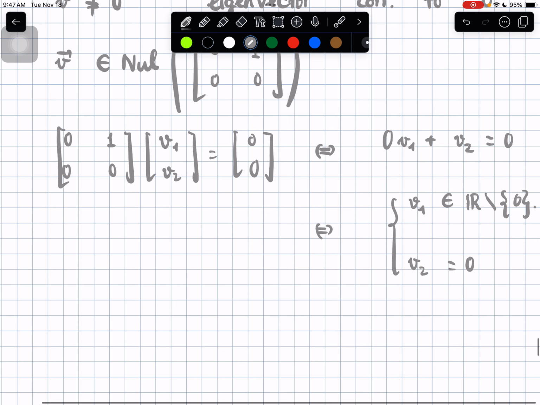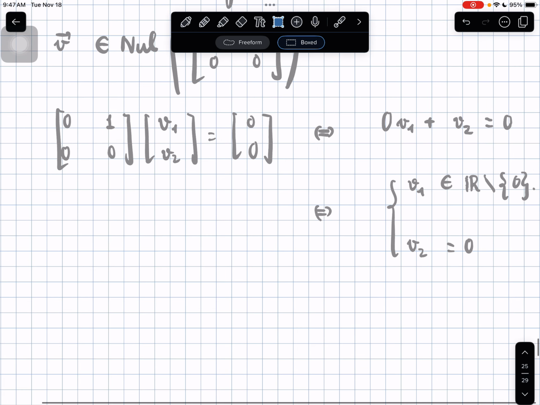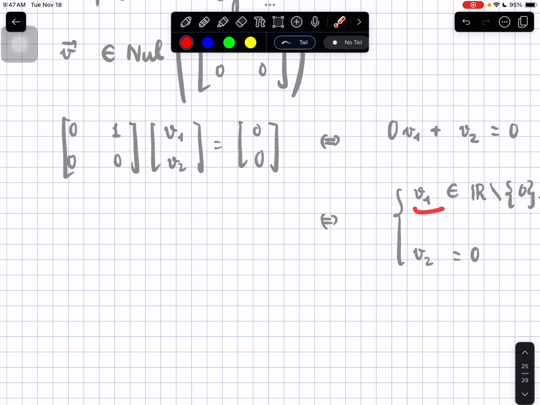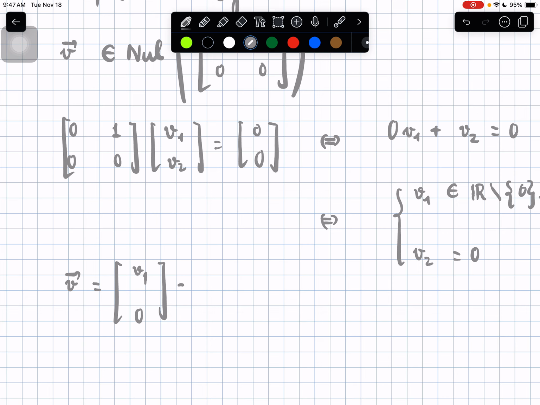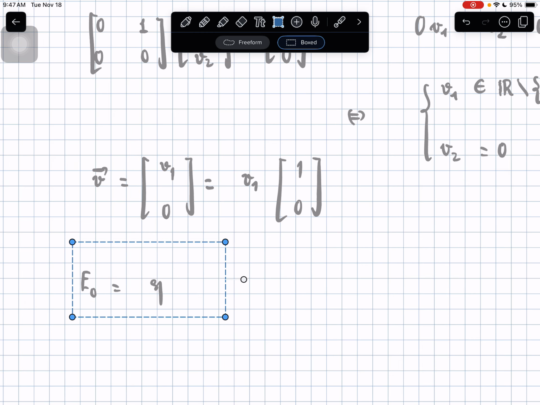The eigenspace corresponding to 0 is the space spanned by the vector 1, 0. Those are the vectors V1 times 1, 0, and they form the basis for the eigenspace.